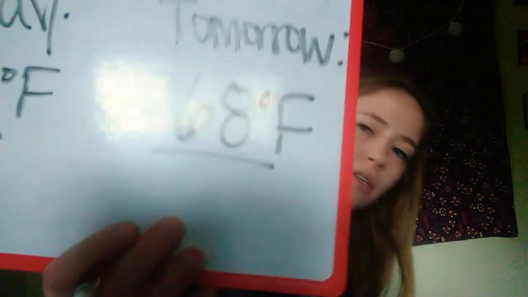And then I'm going to go ahead and click on tomorrow. And the high for tomorrow, it's actually going to be nice tomorrow, it looks like. It's going to be 68 degrees Fahrenheit.